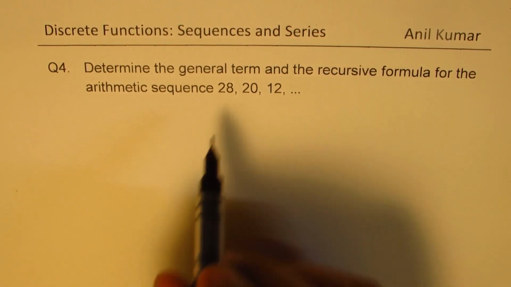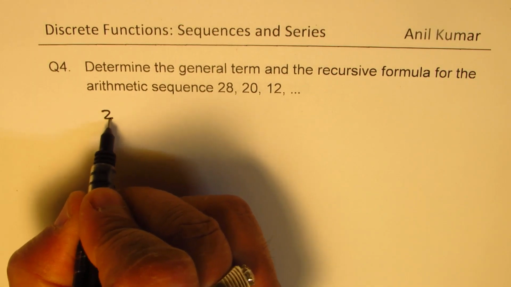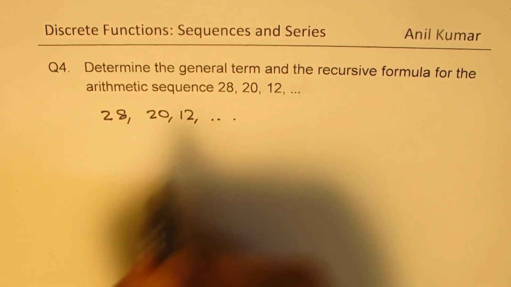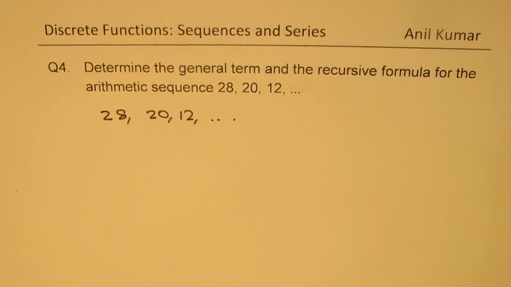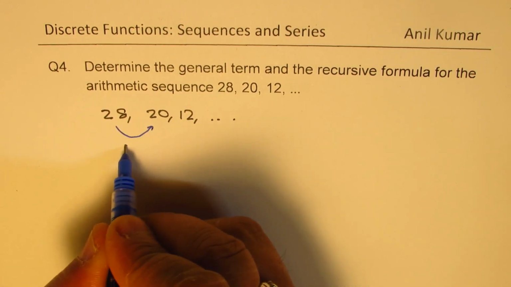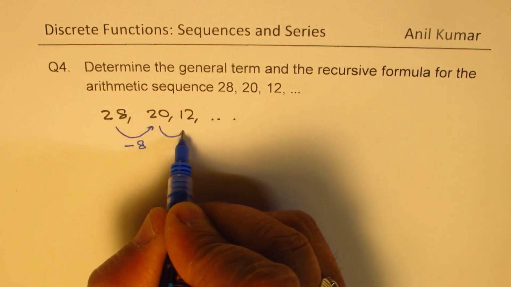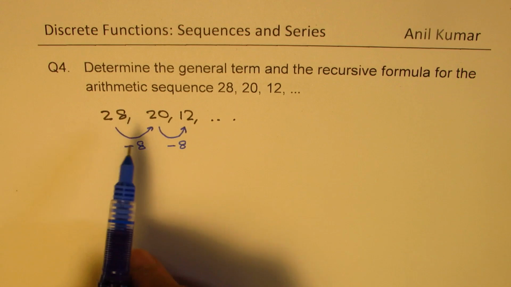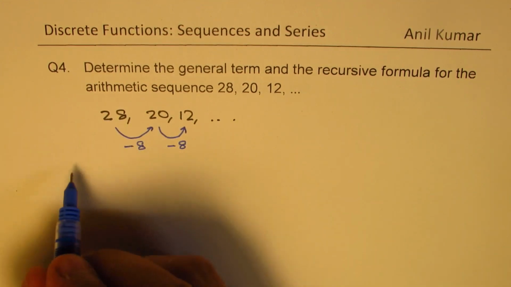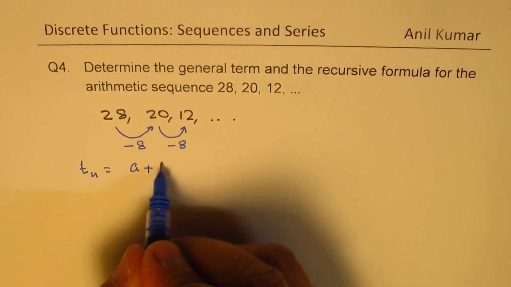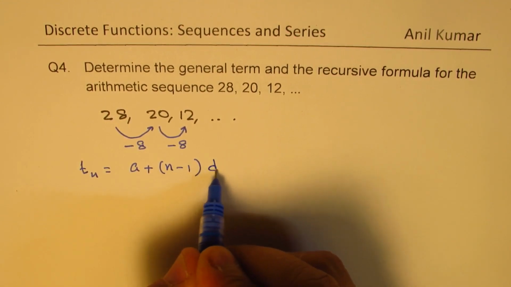Correct. So we have a sequence which is 28, 20, 12, and so on. As you can see, this sequence is decreasing by 8, so minus 8 each time. So the general term Tn can be given as a plus n minus 1 times d.